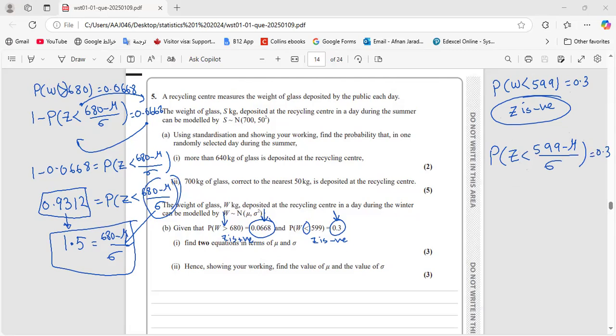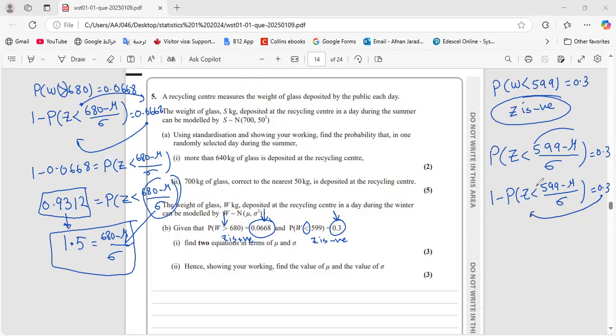So less than again, so Z is negative. Remember here that if Z is negative, it's also 1 minus the probability of Z less than (599 minus mu) over sigma equals 0.3.